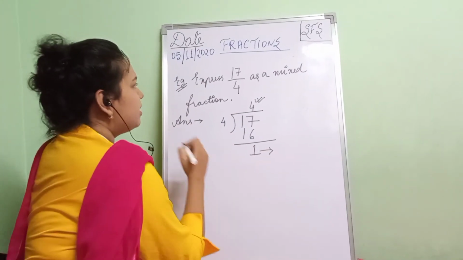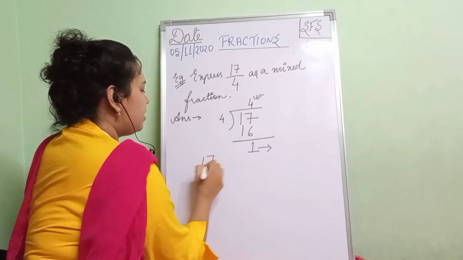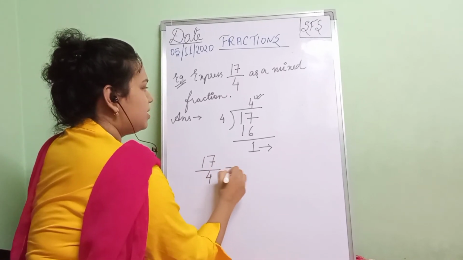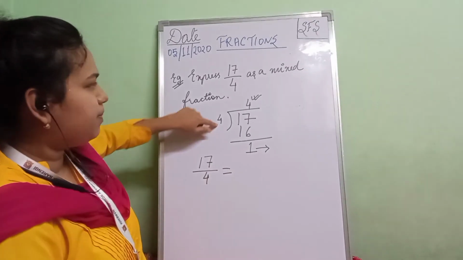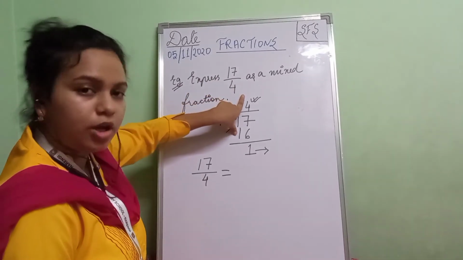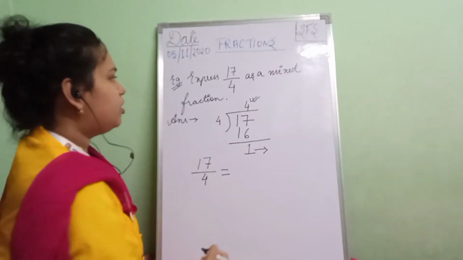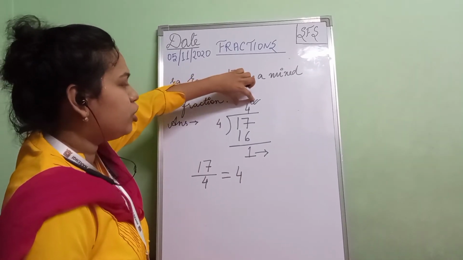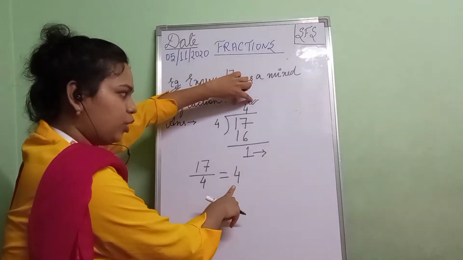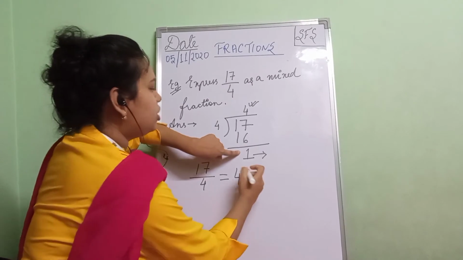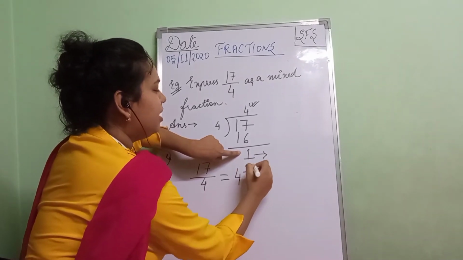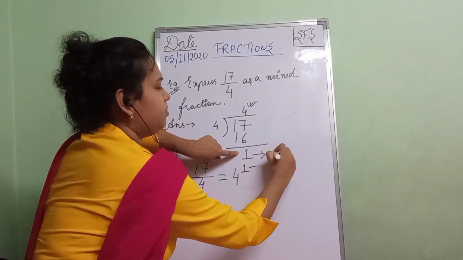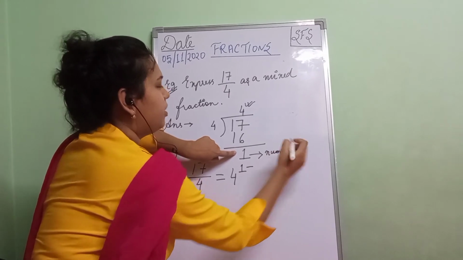That implies 17 by 4. See, you multiplied 4 into 4, then you got 16. So the quotient, 4, is your whole number. And the remainder, 1, is the numerator. This is your numerator.